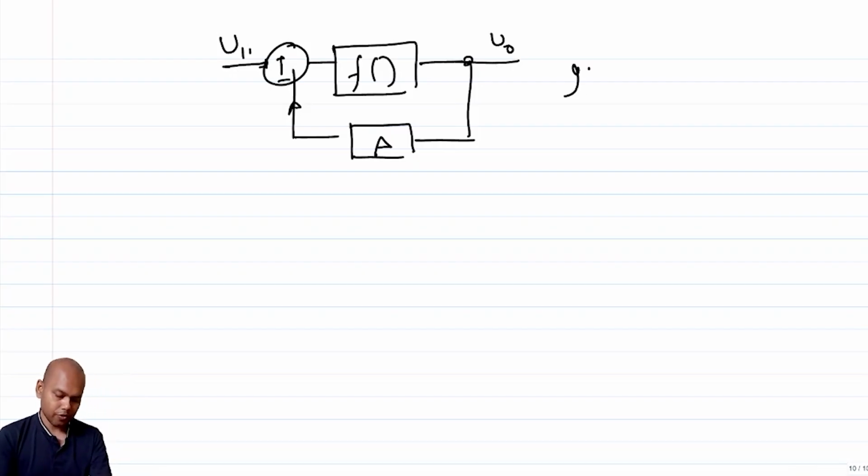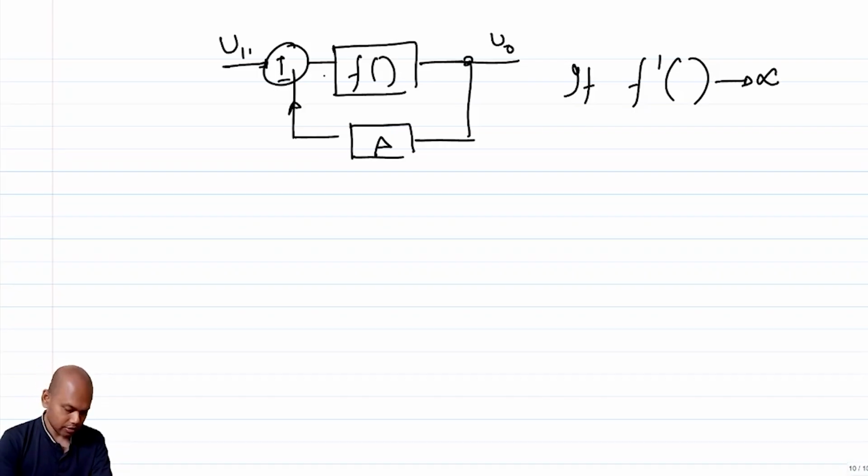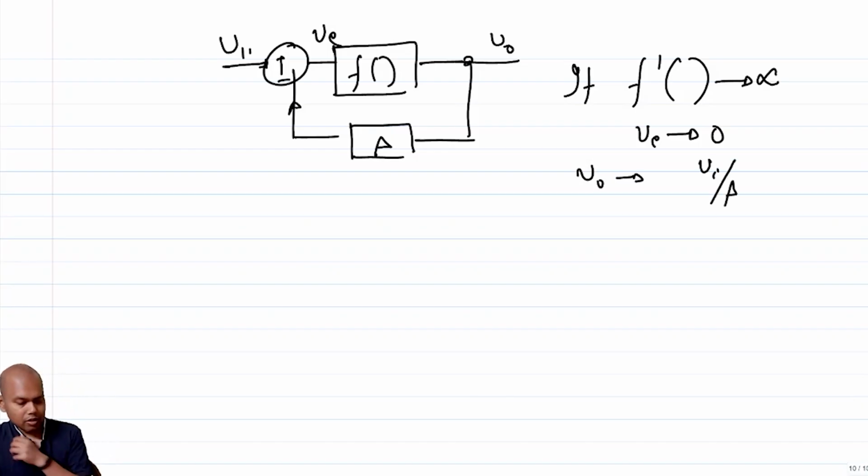You can prove that if f prime of this nonlinearity tends to infinity, then this error voltage goes to 0, and V naught tends to Vi by beta, right? So f prime is basically the incremental gain.